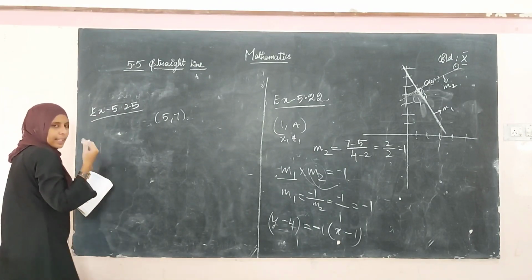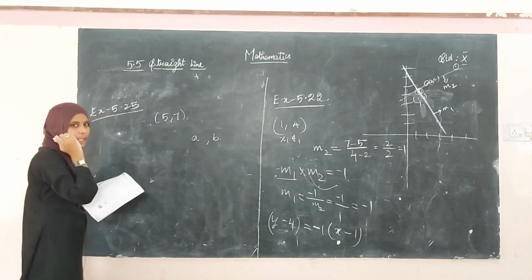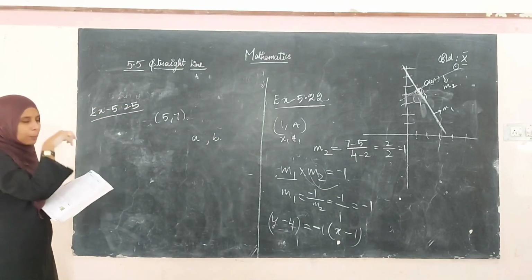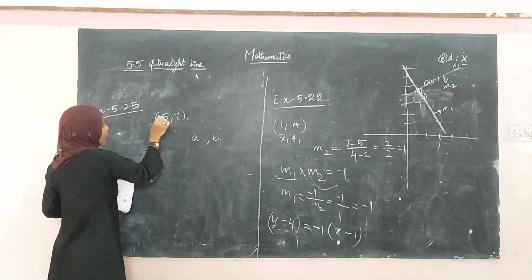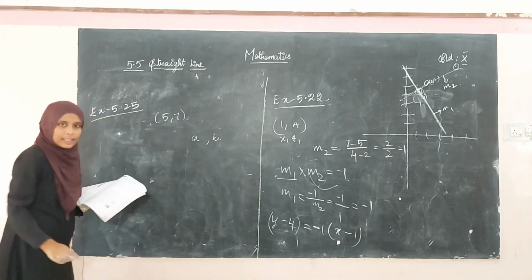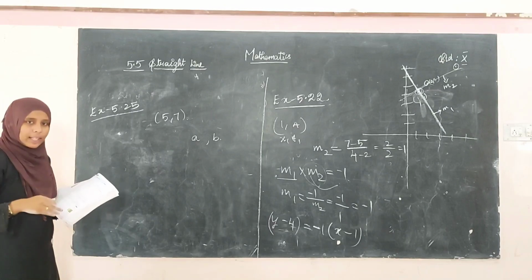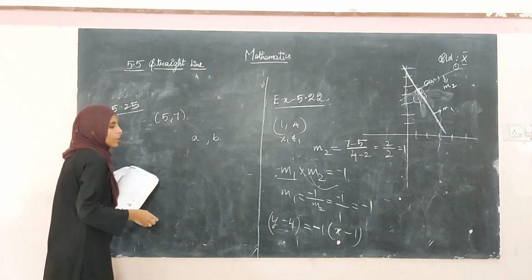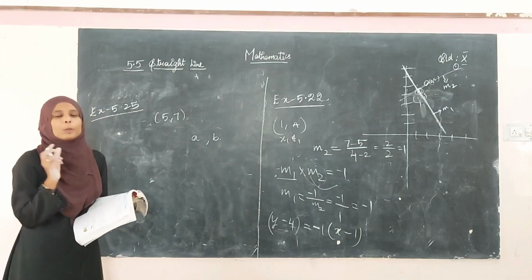So how do we write the two intercepts? A and B, right? This is what we call intercepts, A and B. What they have given is that the straight line passes through 5,7, and it is passing through the x axis and y axis. But the intercepts they have given are equal in magnitude but opposite in sign.